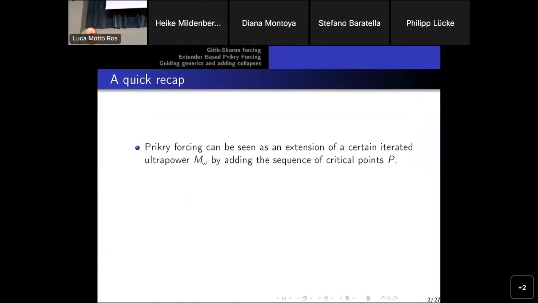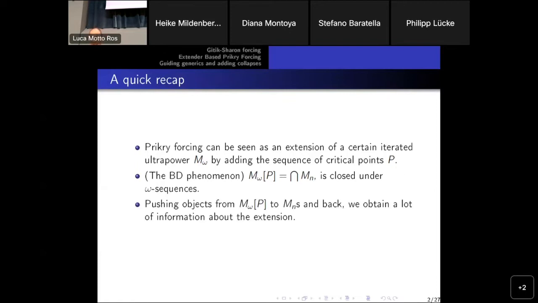We had some situation using some normal ultrafilter, and over the limit model M omega, we added the sequence of critical points P, and precisely Bobsky and Renoir showed that by adding this omega sequence, we actually get the maximal possible model that we can, which is the intersection of the intermediate iterates.